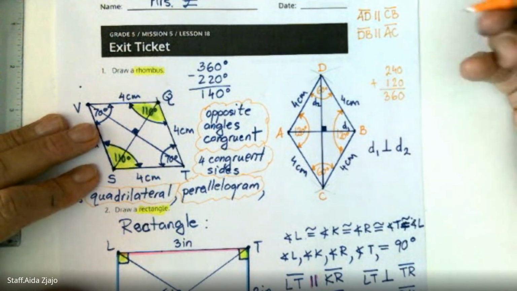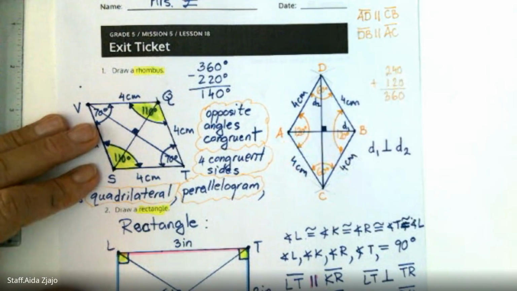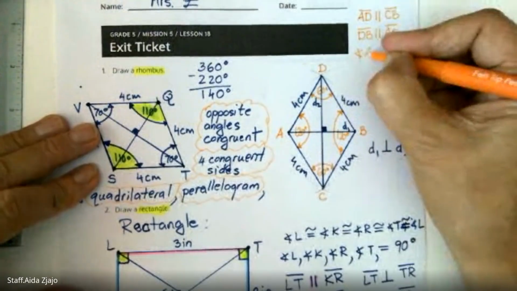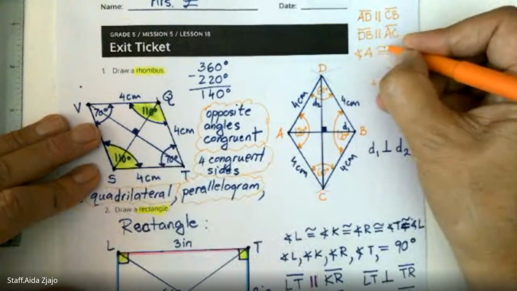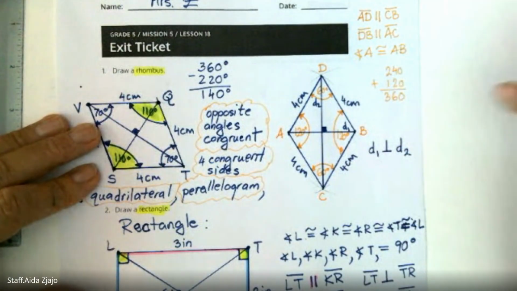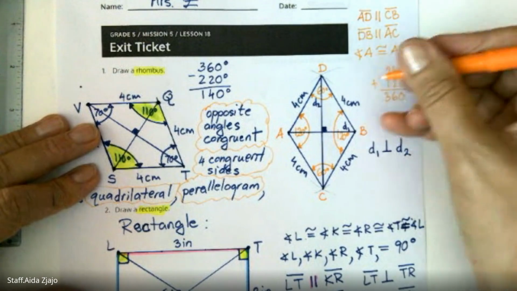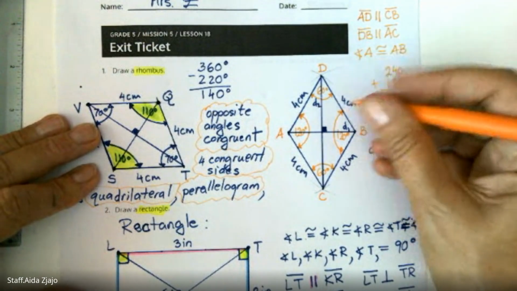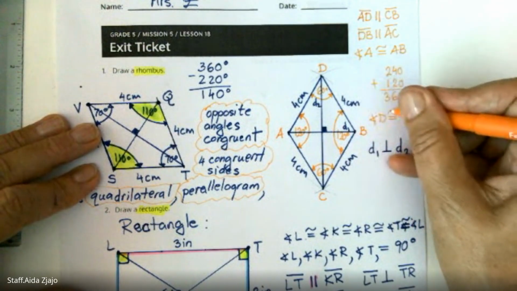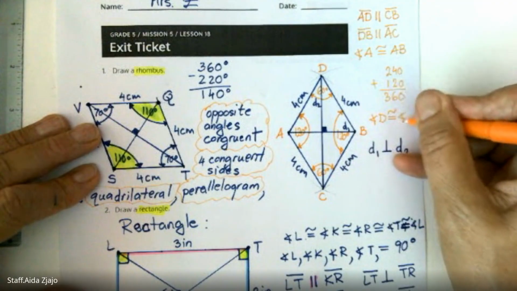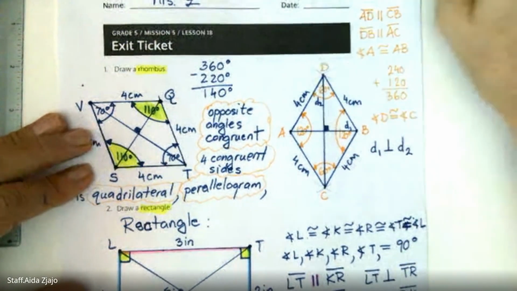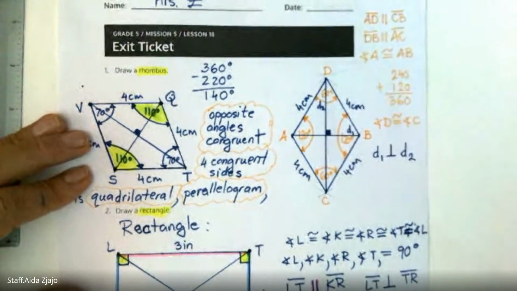You can say that angle A is congruent to angle B. And then you can say that here angle D is congruent to angle C. Okay, those are just additional details if you wanted to learn about.